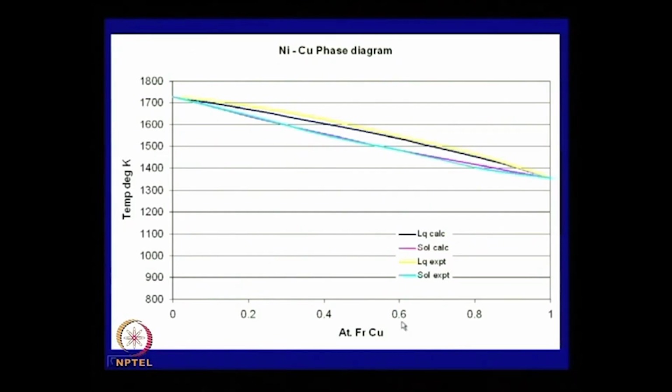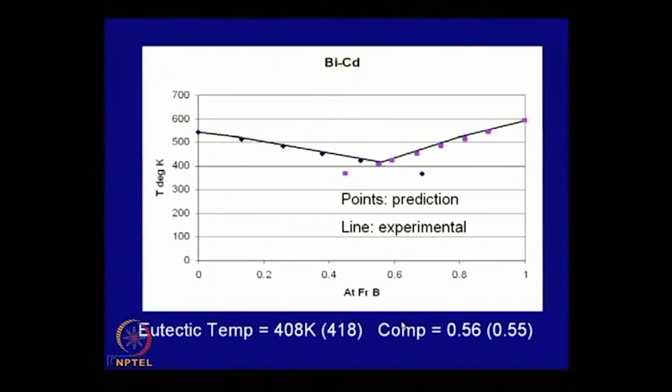We also looked at an extreme case of liquid solid immiscibility. Say we assume that for bismuth and cadmium, in the liquid state they form an ideal solution, and in solid state they are totally immiscible.